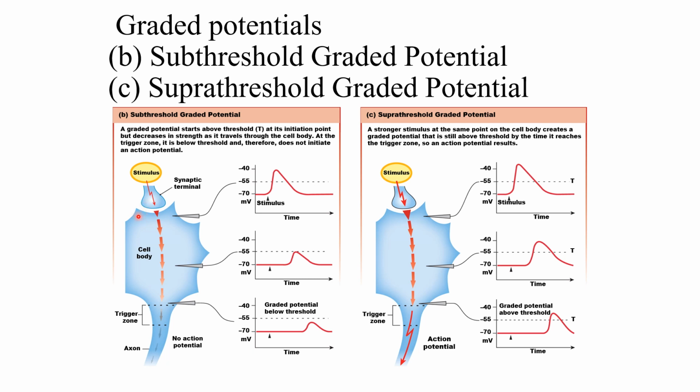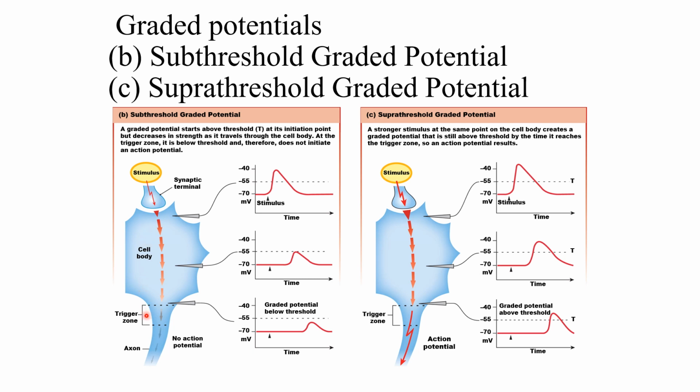They only travel down the dendrites into the cell body. Once it moves down the axon, remember, it's not called a graded potential anymore. We refer to it as an action potential. And we said that the graded potential loses its strength as it moves down the cell body.